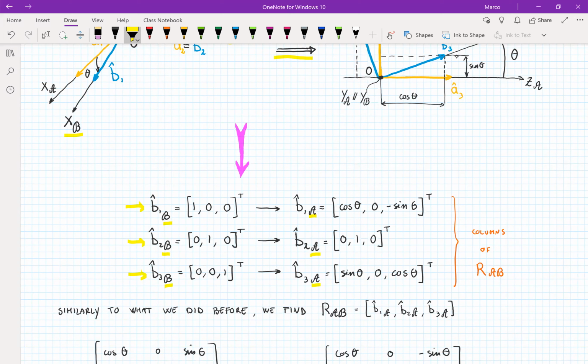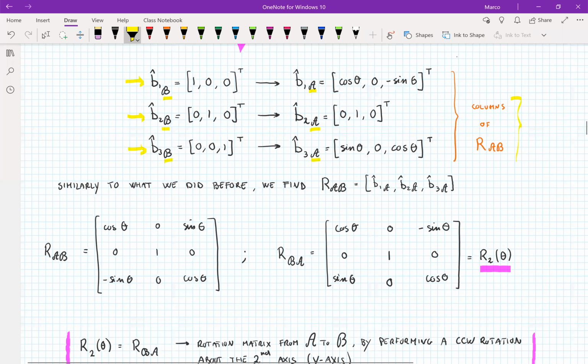And the way you do that, you just check visually. And as before, now we have that B1, B2, and B3 in the A reference frame represent the columns of the rotation matrix RAB.